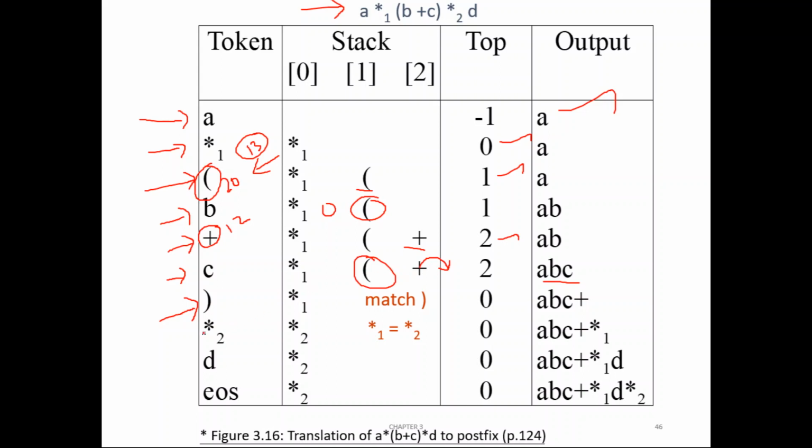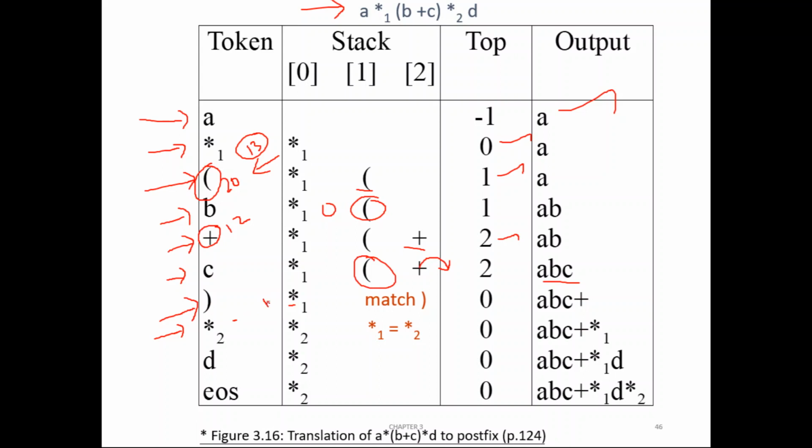Right. Now these two are popped. Now the stack has only the star. This one is the first star. Okay. Now the next token is the second star. Now compare the incoming operator and the in-stack operator precedence.